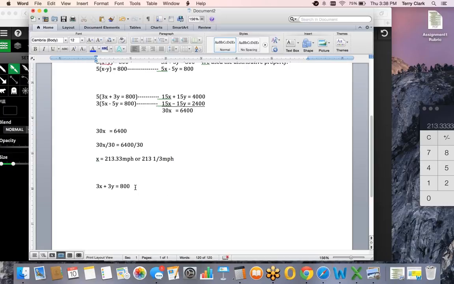Okay, so we're going to say 3x is going to be 213.333, and then y is still unknown, equals 800, like that. And at this point, we're just solving linear equations.